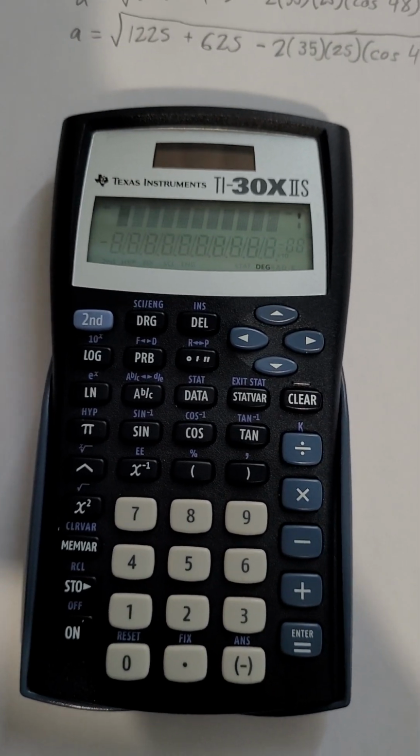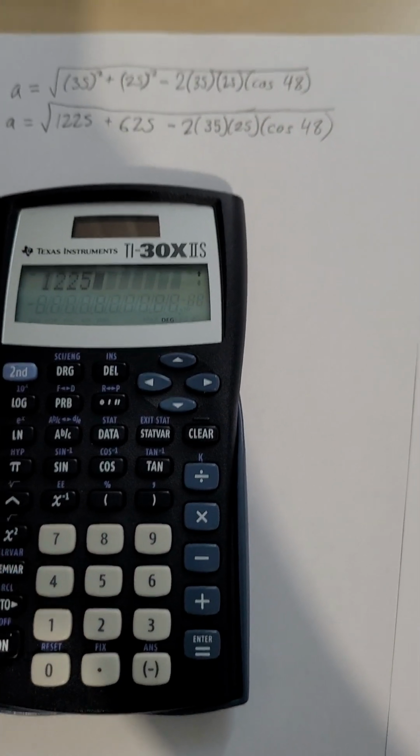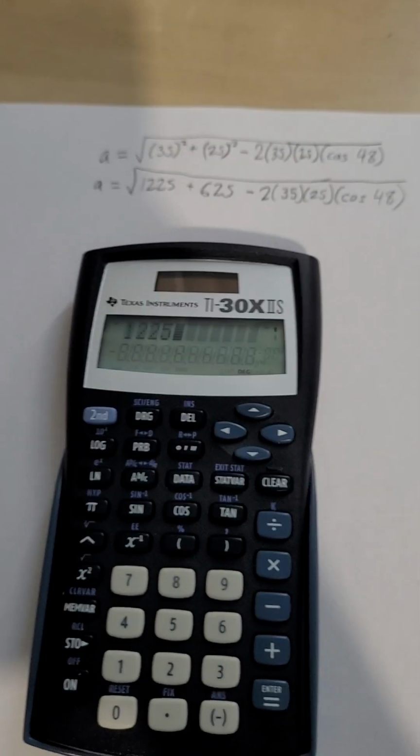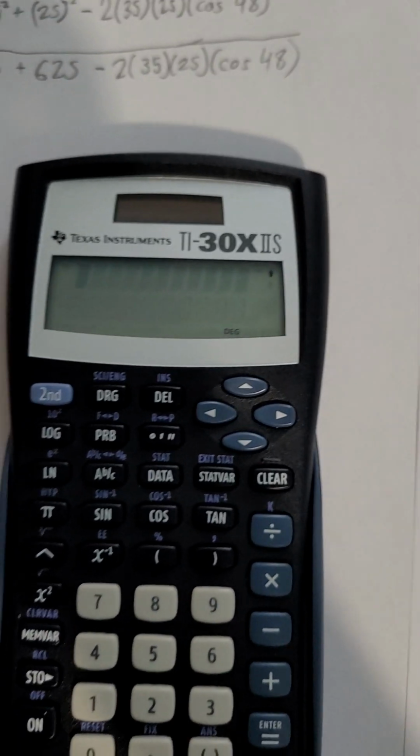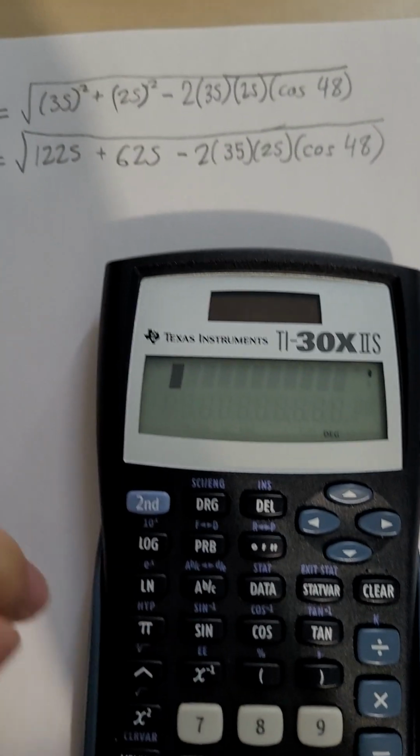And so how you do this is you will put 1,225, and I'm actually just going to do a cut and then show you the finished product. You know what, actually I changed my mind. I'm going to do this with you because there is an important lesson to be learned here.